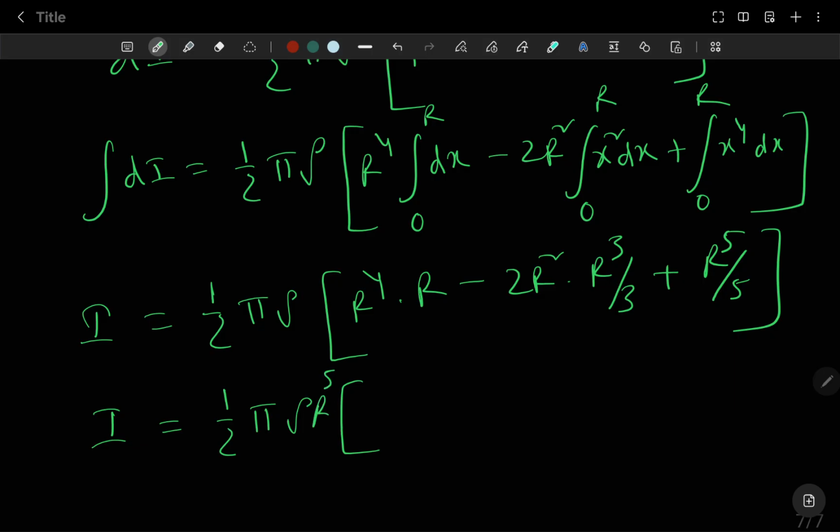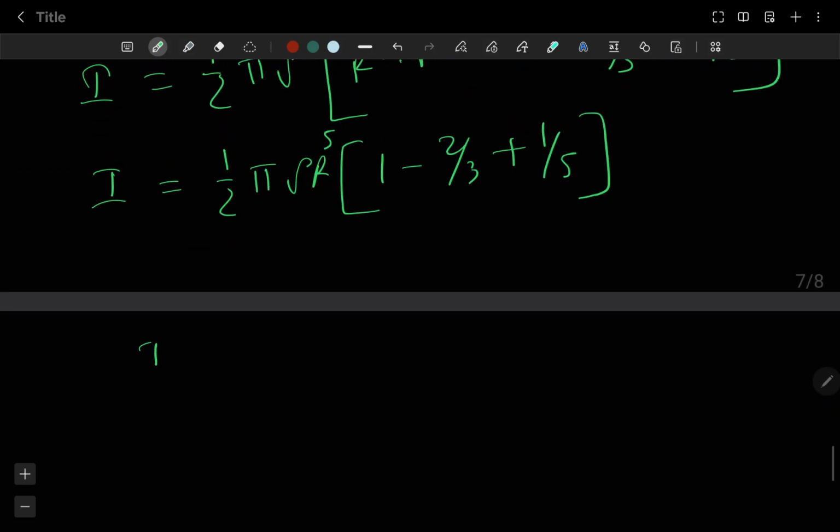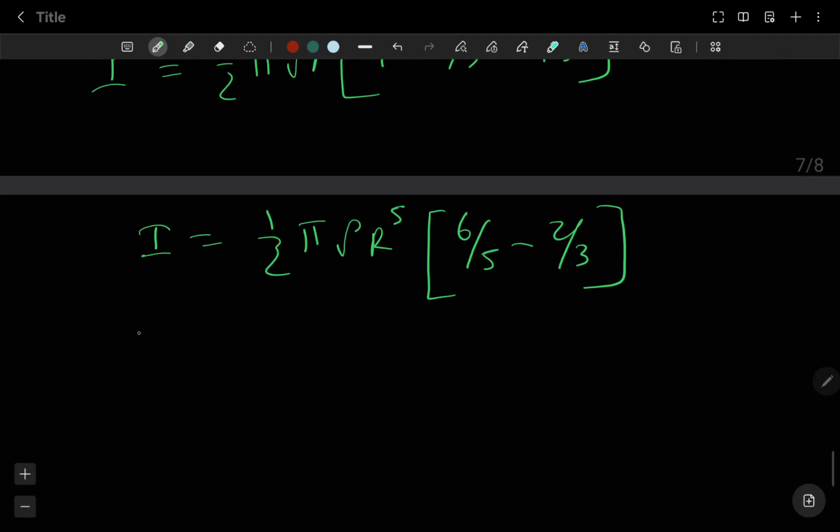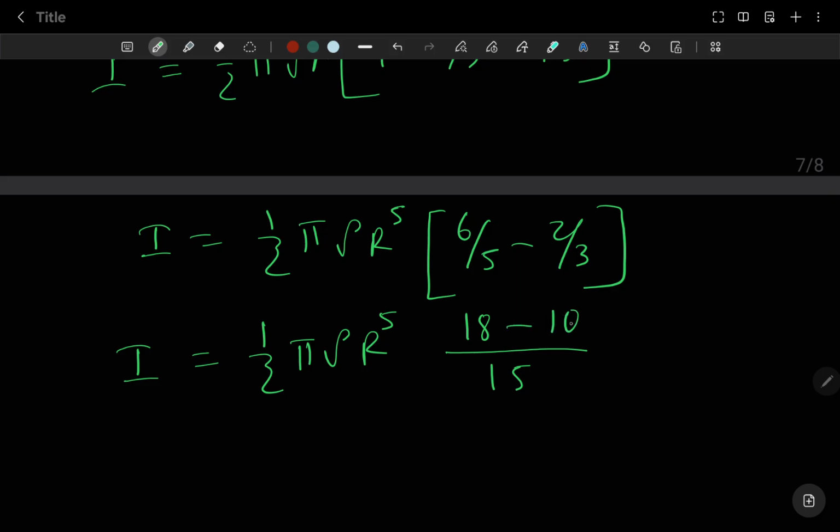Let us take R5 common: 1 minus 2 by 3 plus 1 by 5. So it will be I equals half pi rho R to the power 5, it will be 6 by 5 minus 2 by 3, so half pi rho R to the power 5, it is 15, 18 minus 10, so it is 8 by 15, right?